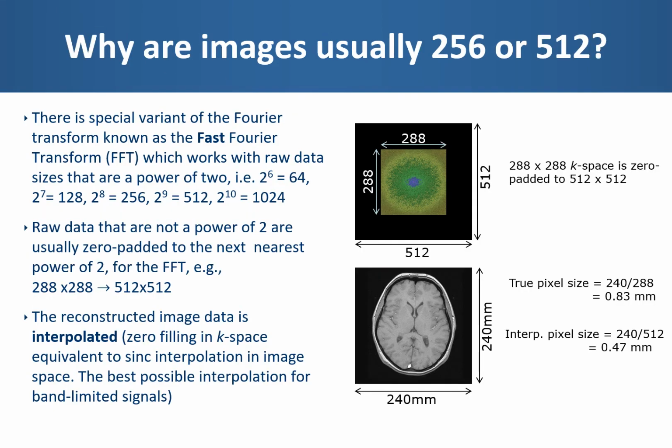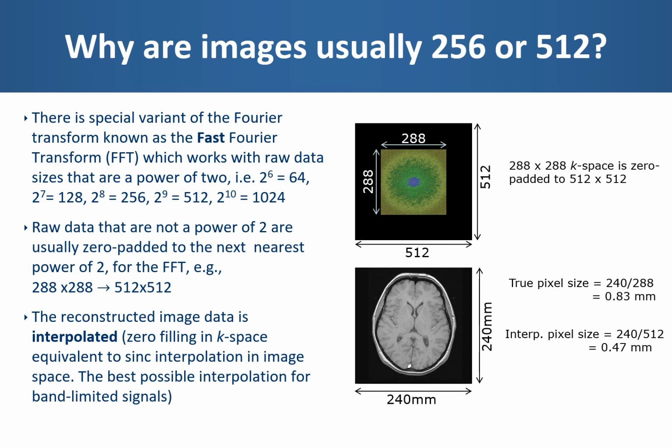The dimensions of reconstructed MR images is usually a power of 2, for example 256 or 512. This is because there is a special variant of the Fourier transform which is extremely time efficient called the fast Fourier transform, which requires the input data to be a power of 2.